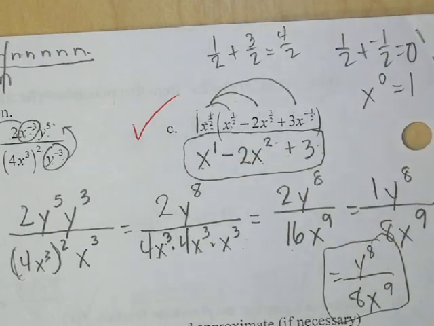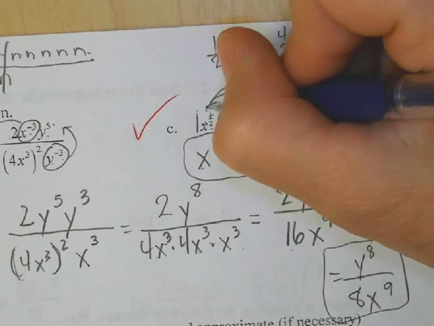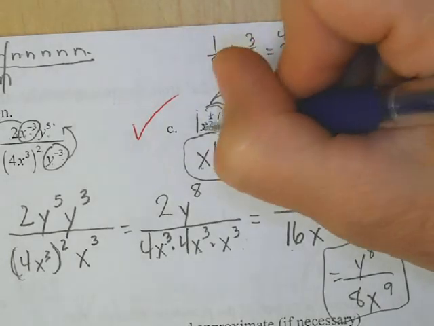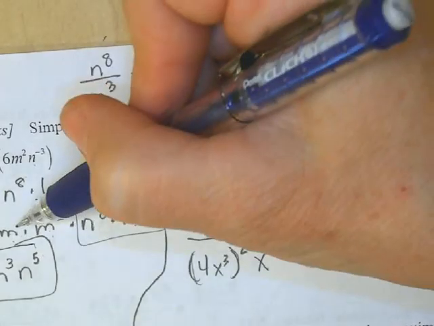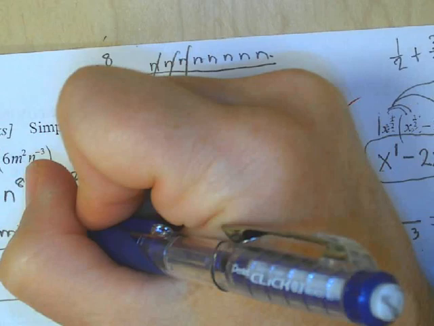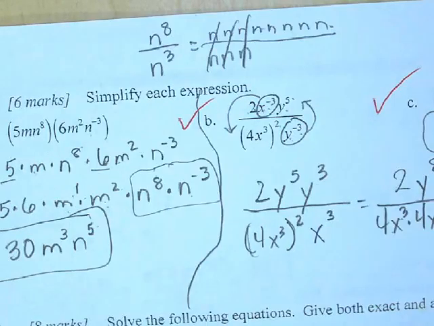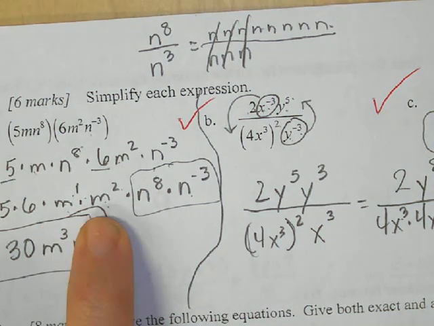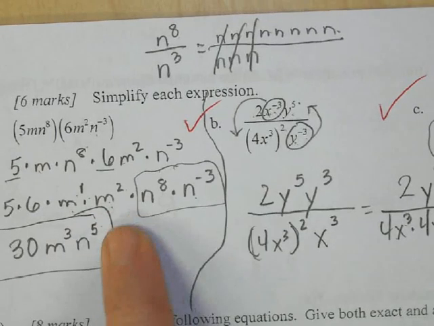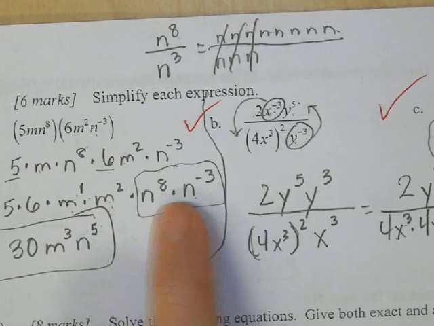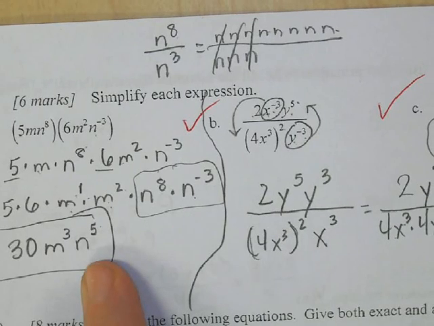The key here is that when we're multiplying powers like this with the same base, we add the exponents, just like we did over here. M times m squared, I add the exponents. That's how I got m to the third. N times n, I add the exponents. And I just keep the base. I don't mess with the base.